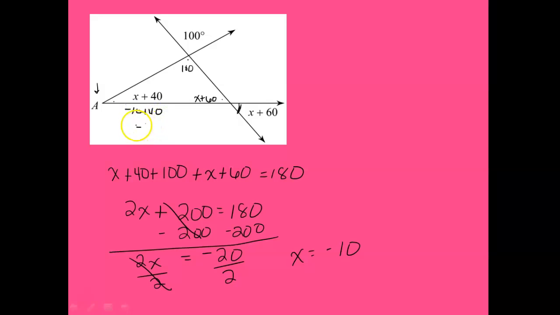So I get 30. Negative 10 plus 40 is 30. So this is a 30-degree angle. The measure of angle A is 30 degrees. And you can check it, because if x is negative 10, that means this angle would be 50. 50 plus 30 is 80, plus 100 is 180, so yes.